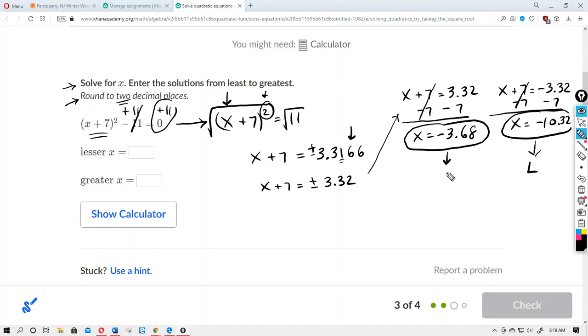Okay, because remember on a number line, the more negative you go, the smaller the number is. So negative 10.32 is going to be lesser, and negative 3.68 is going to be greater.